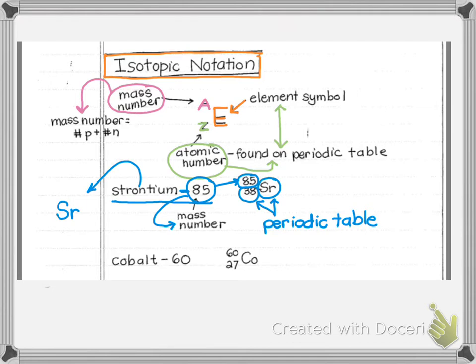Let's look at a second example and try to put it together. Here we have cobalt-60. Again, 60 is the mass number, so you see that it goes here as a superscript. Cobalt has a symbol of Co as found on the periodic table. If you find cobalt on the periodic table, you will see that its atomic number is 27.